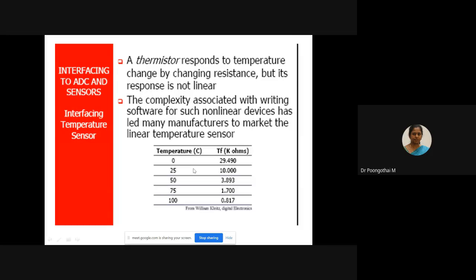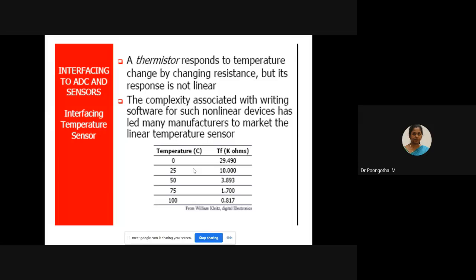So the next topic will be how to interface your thermistor, that is a temperature sensor, with the 8051 microcontroller. Basically, transducers convert physical data such as temperature, light intensity, flow, and speed to electrical signals. Depending upon the transducer, the output produced is in the form of voltage, current, resistance, or capacitance.